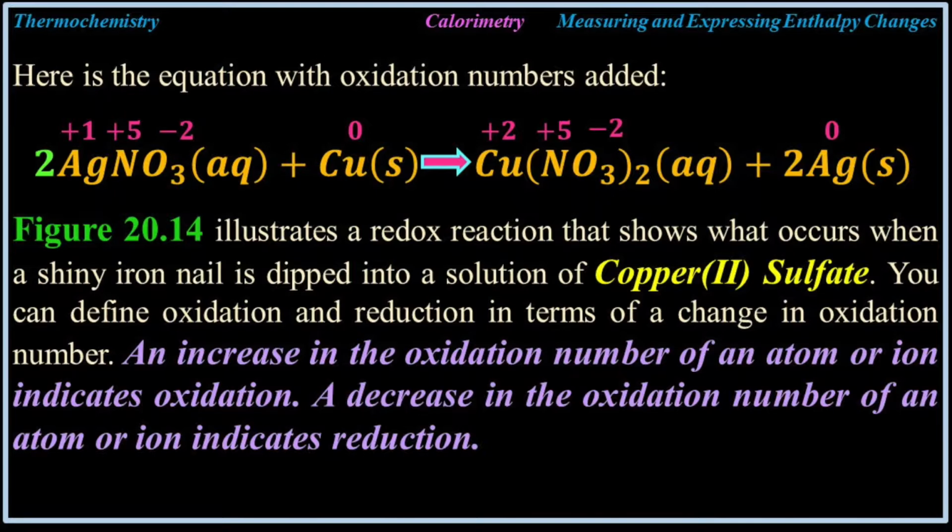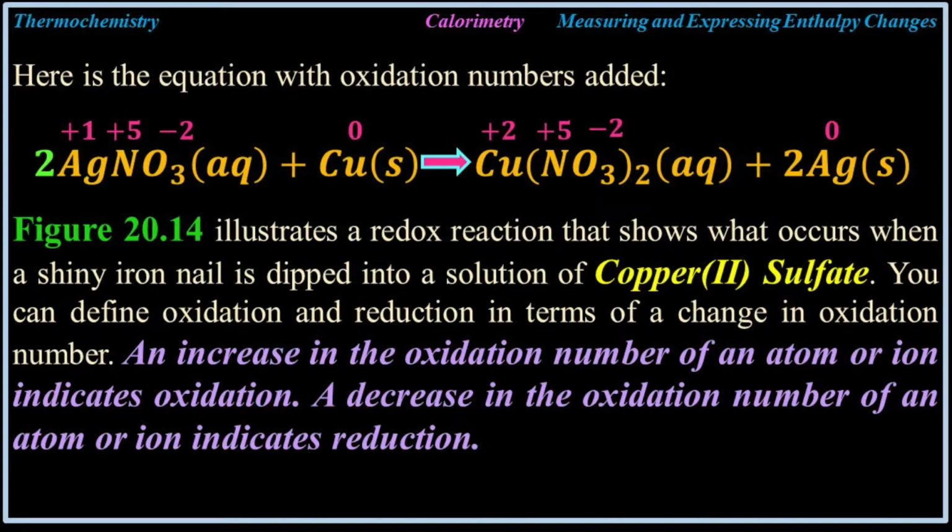Here is the equation with oxidation numbers added. So you have 2 moles of silver 1 nitrate plus copper yields copper 2 nitrate plus 2 moles of silver. 20.14 illustrates a redox reaction that shows what occurs when a shiny iron nail is dipped into a solution of copper 2 sulfate.